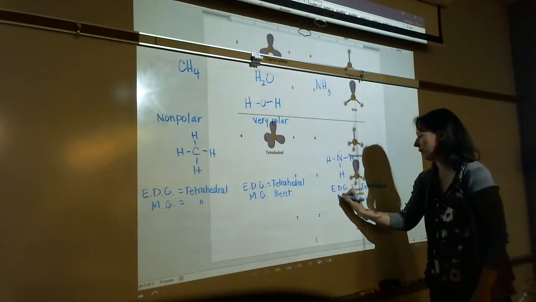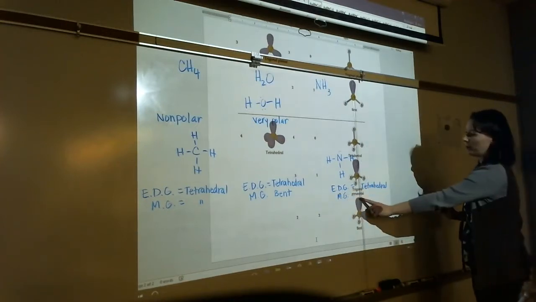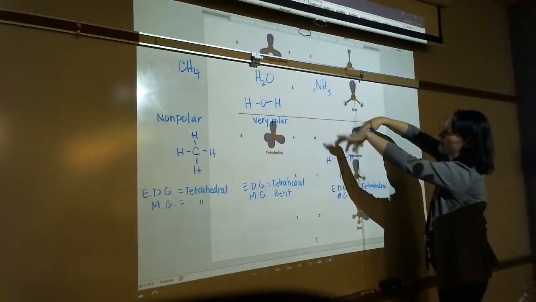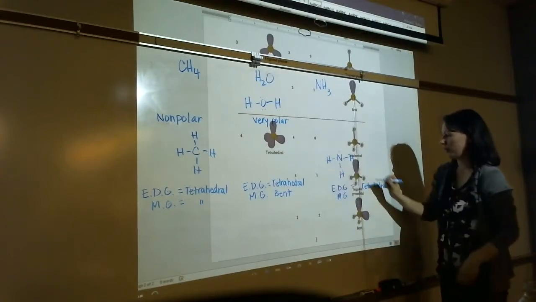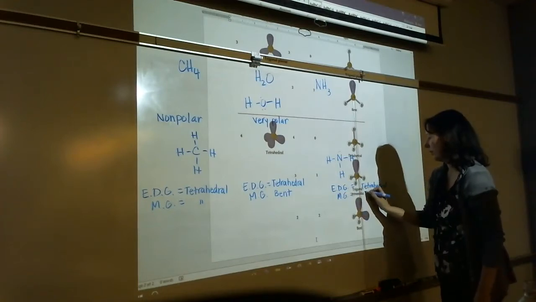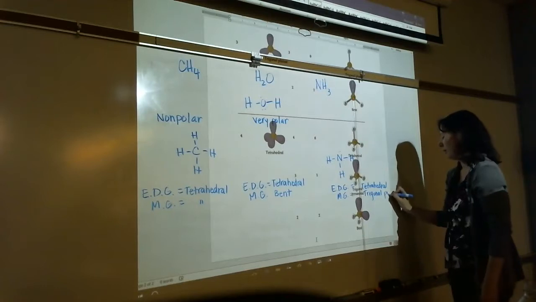But what is the molecular geometry? I'm kind of writing on top of it. Trigonal pyramidal, right. So this lone pair up here on the top takes up all this space and it kind of depresses all these bond angles. It smooshes them down. So you've got one in the board, one coming out of the board, one going behind the board. So this is trigonal pyramidal.